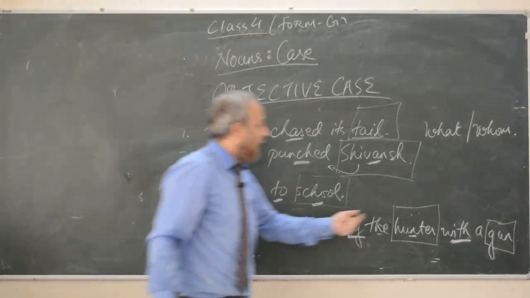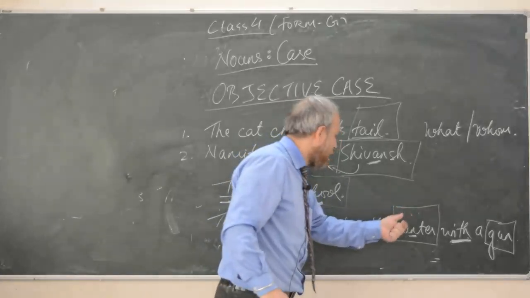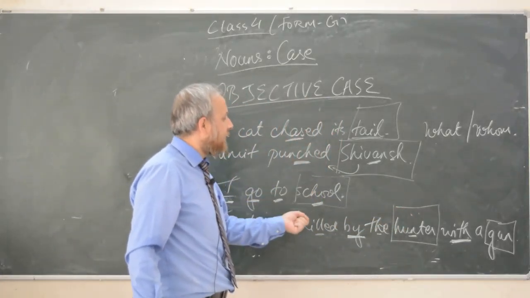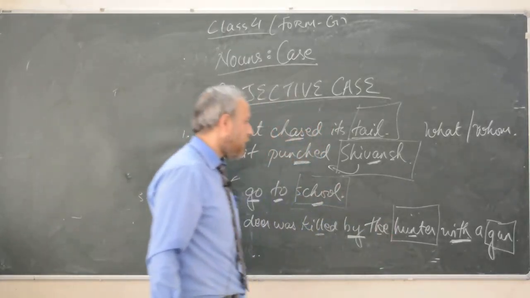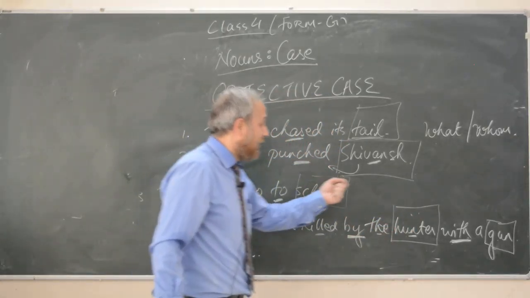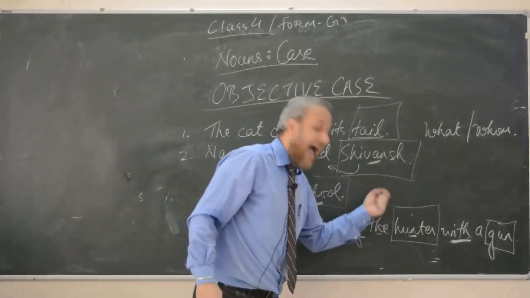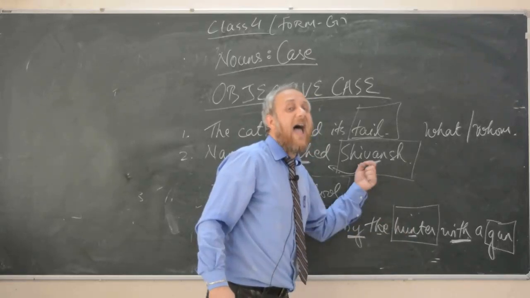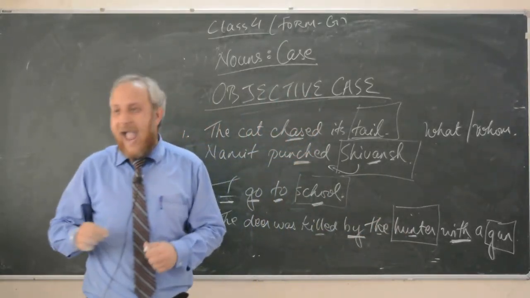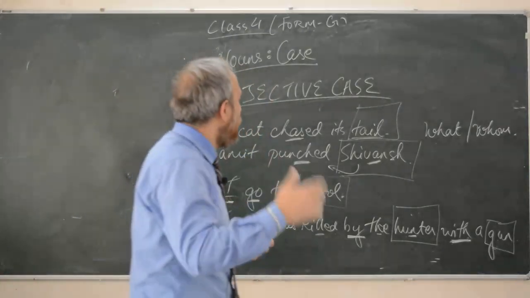And if the noun, or for that matter the pronoun, is used after the preposition, then again, we can refer to the case of the noun as being in the objective or accusative case. So just remember this as of now.